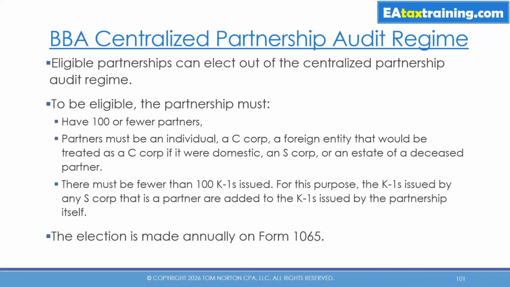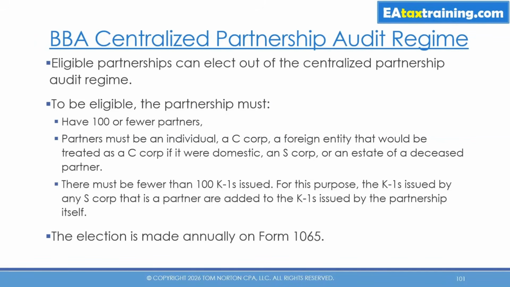Also, there must be fewer than 100 K1s issued in total. So for this purpose, the K1s issued by any S Corp that is a partner are added to the K1s issued by the partnership itself. So you may have, let's say, 80 partners. So that's under 100. That's obviously 80 K1s. That's under 100, no problem.